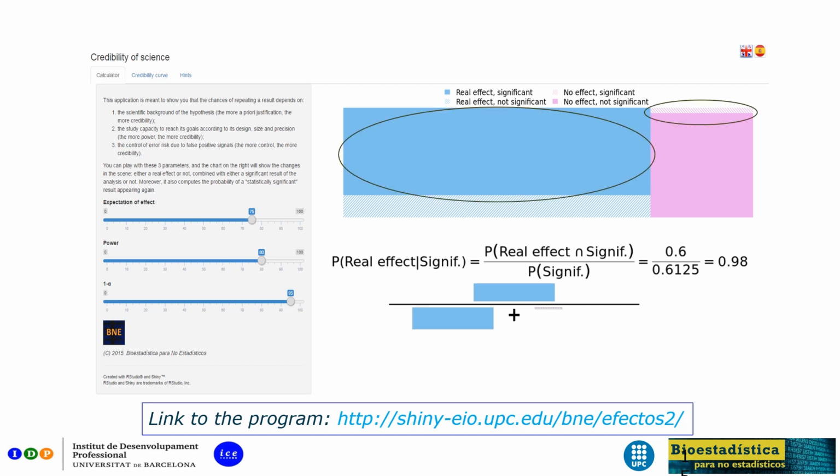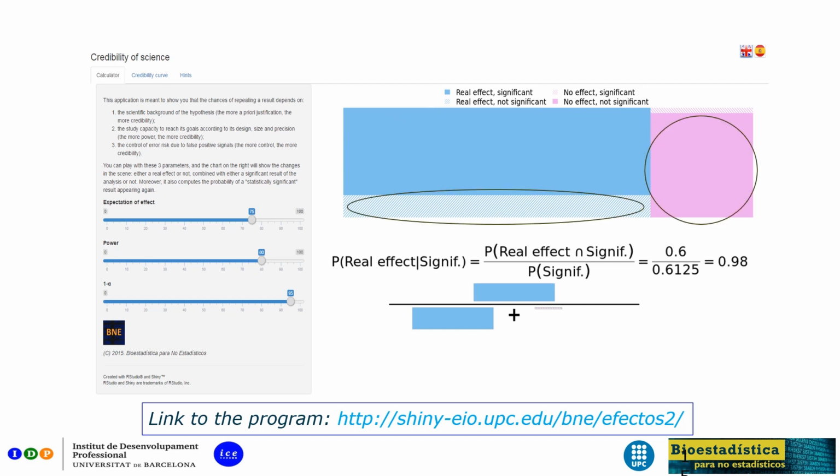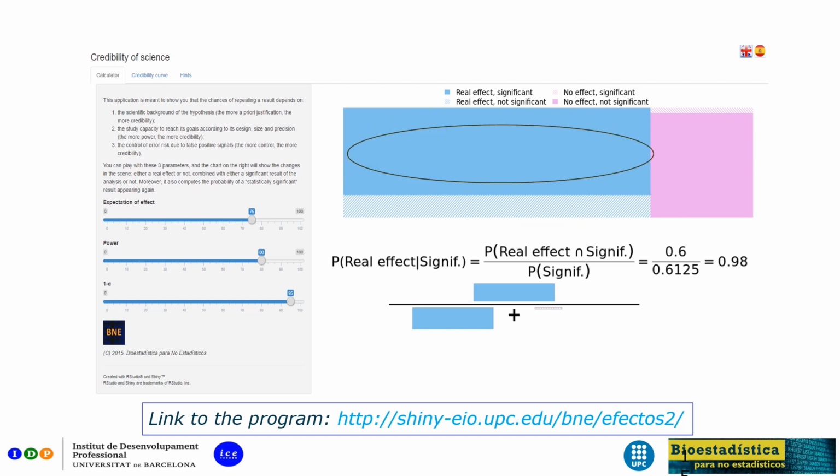In addition, the upper part of the graph shows the results that are statistically significant, while the lower part has those that are not. As the power is high, 80%, most of the results at the top of the first column are significant. And since alpha is 5%, 95% of the results in the right column will be non-significant below.